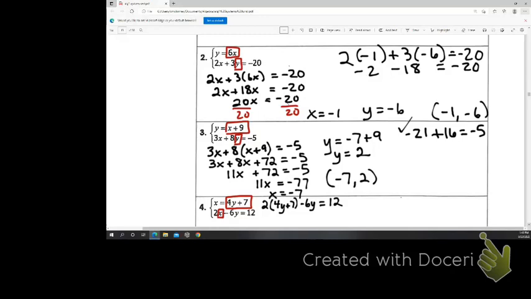Because if I accidentally plug that in where the y is, well, then I would still have x's and y's. After you do substitution, you should only have one variable. It could occur more than once, but you shouldn't have both x's and y's. So then distribute.